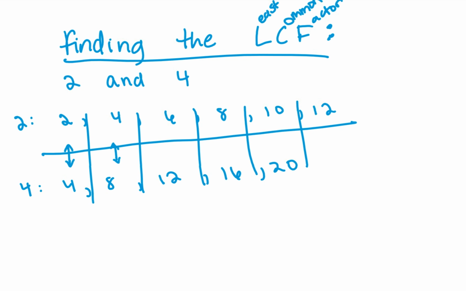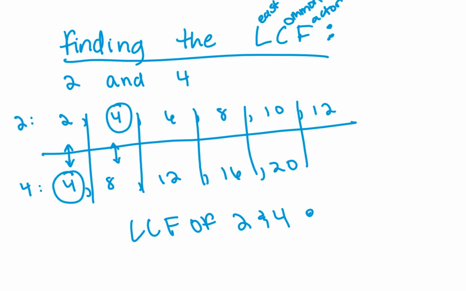So down the line, we see we have 2, 4, 6, 8, and so on. Now we see we have 4, and we also have a 4 right here. So the least common factor of 2 and 4 would be 4.